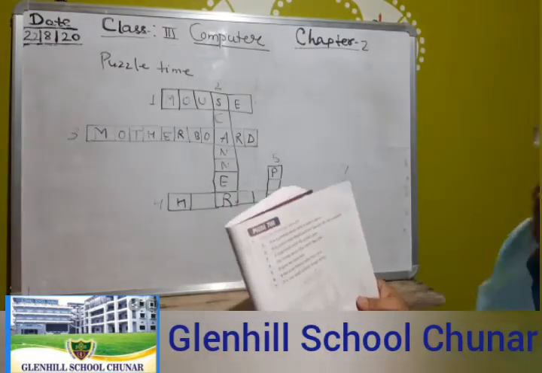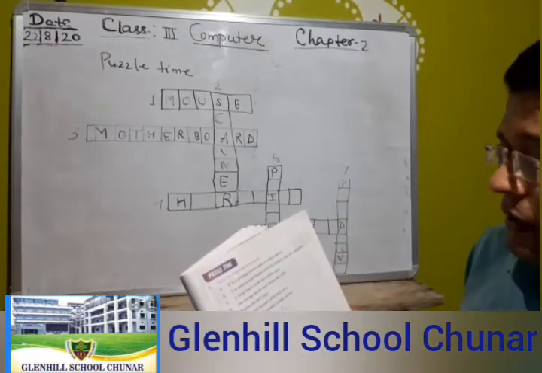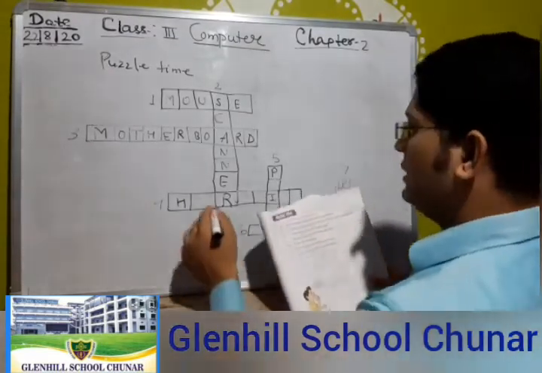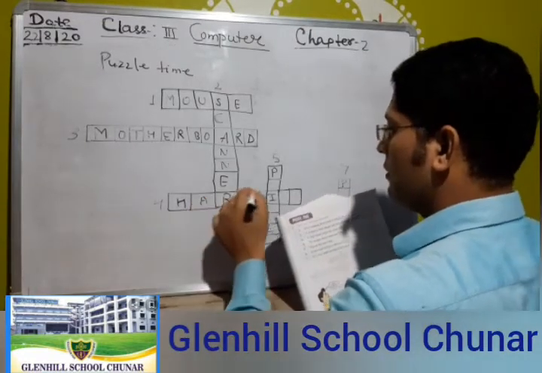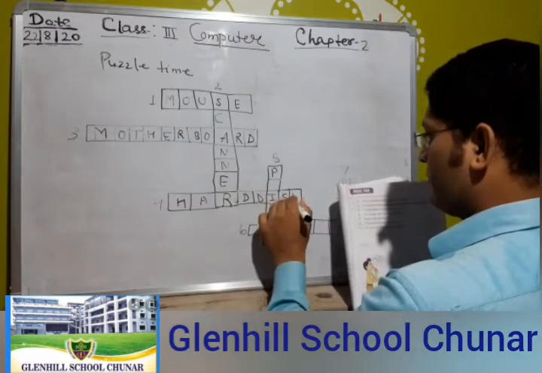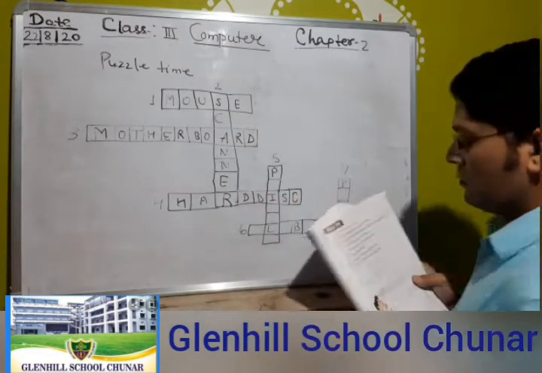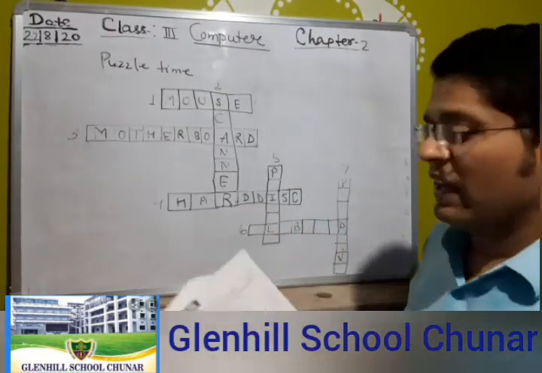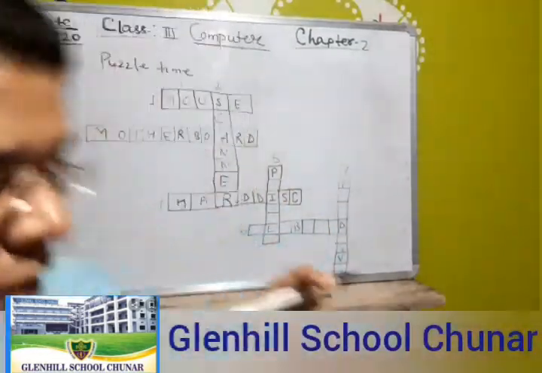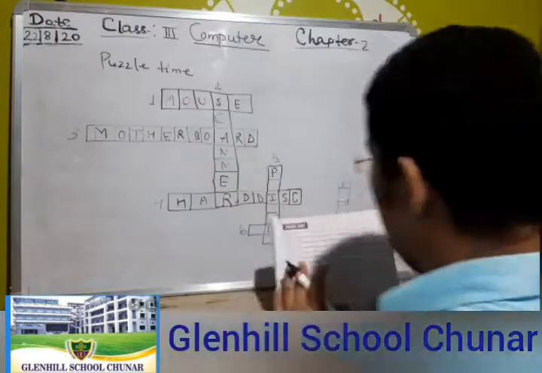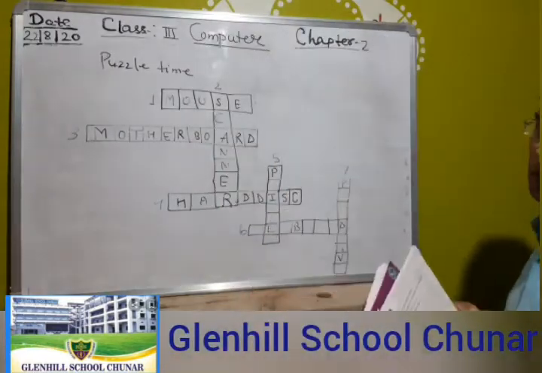And fourth question, the storage device fixed inside the CPU. So the answer is hard disk. Okay, student, hard disk, a device fixed inside the CPU. And your fifth question, it gives the hard copy.